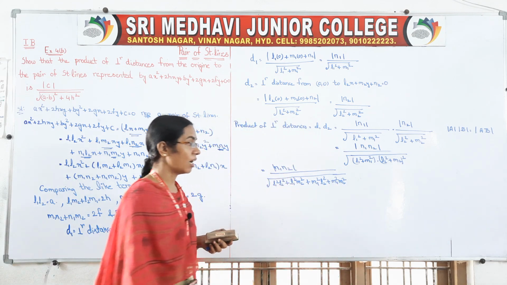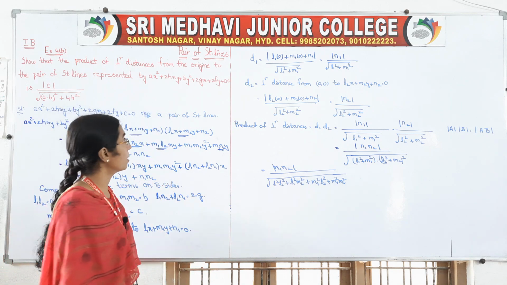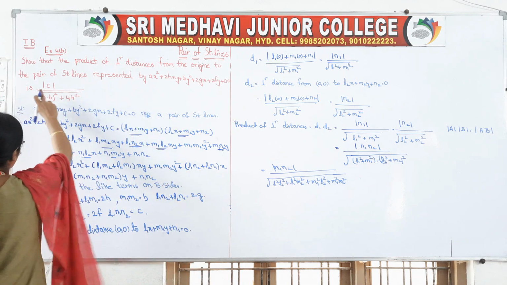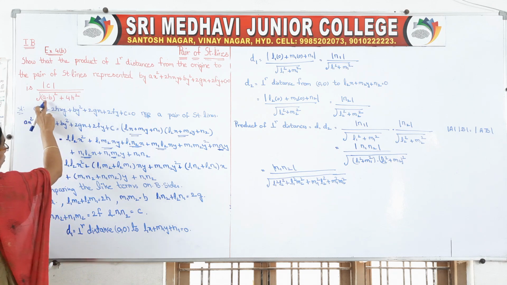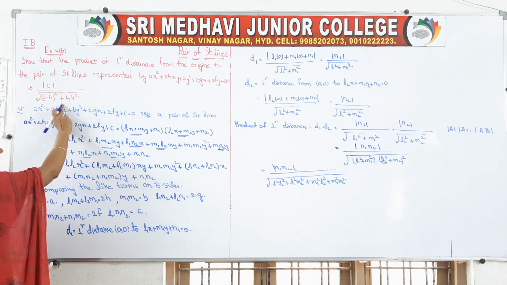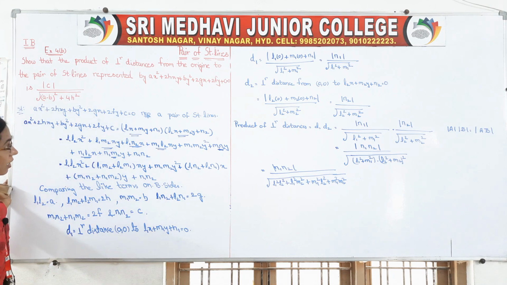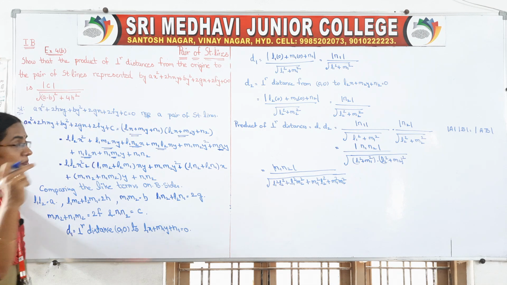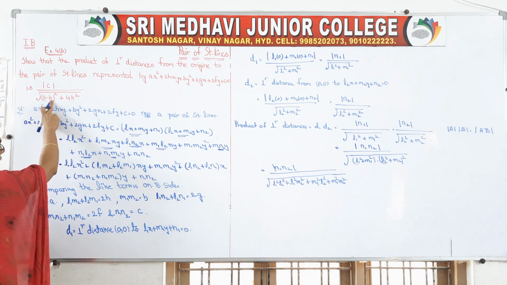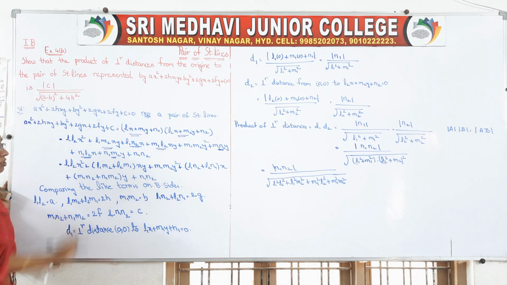Now see your answer. This is the problem to show. At the end we have to get mod C divided by root of A minus B whole square plus 4h square. Already one theorem we used this one.